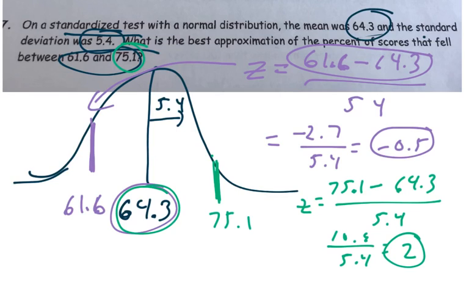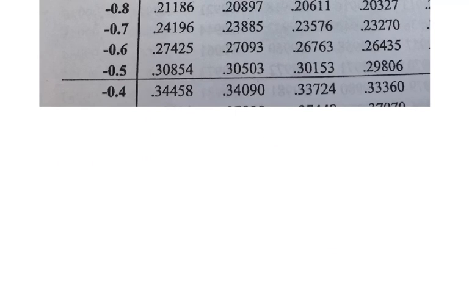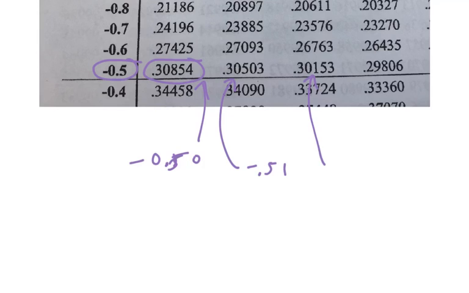And so let's start with the negative 0.5. Here it is right here. The first value, do you agree, is negative 0.50. If we went to the second one, that would have been negative 0.51. The third one here would have been negative 0.52. Again, I taught that to you in class. Hopefully you got a hold of it. But we just need the first one. And if it's okay, guys, I'm going to just use 0.308, although your teacher next year probably will include all 5 digits.